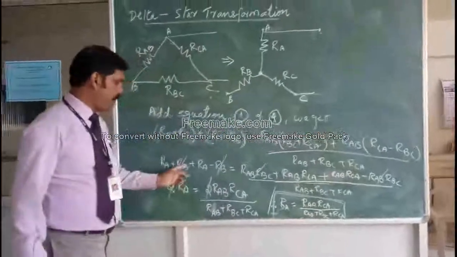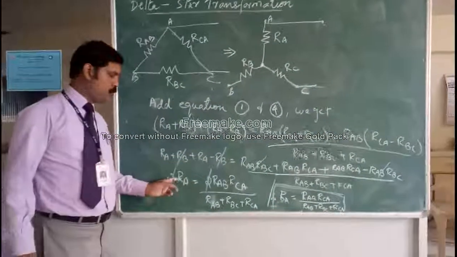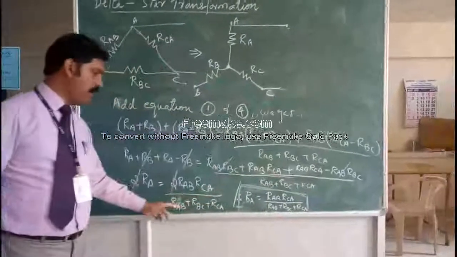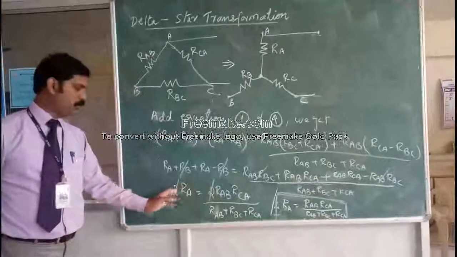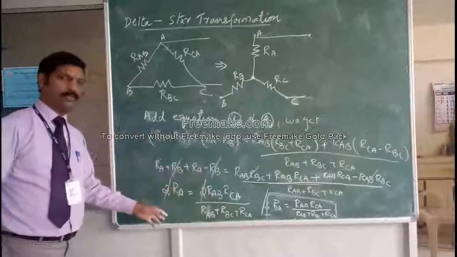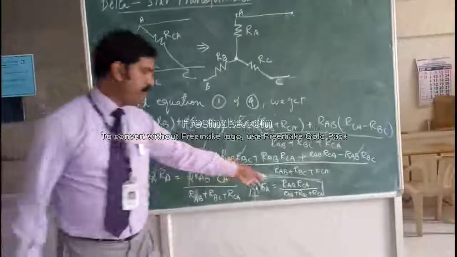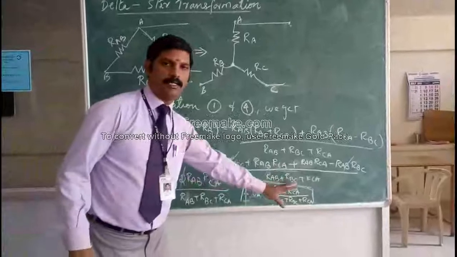Now RB gets cancelled. The left thing is 2 times RA, and on the right, 2 times RAB RCA divided by RAB plus RBC plus RCA. Now you can cancel the 2 on both sides, and the rest is RA is equal to RAB RCA divided by RAB plus RBC plus RCA.